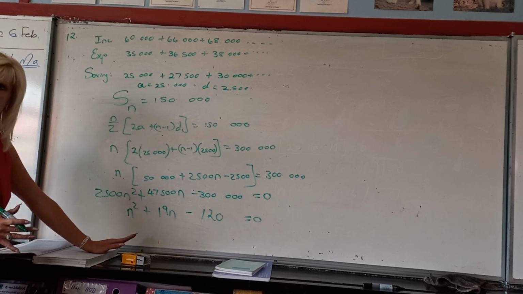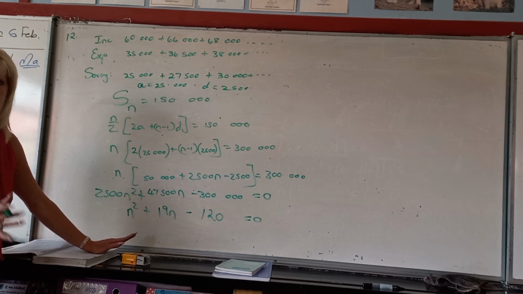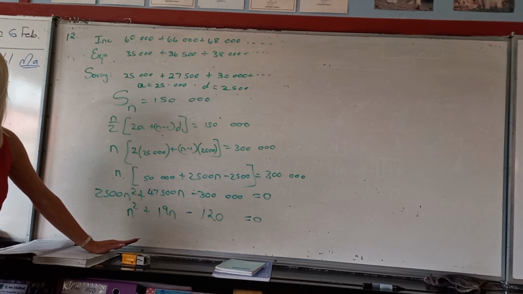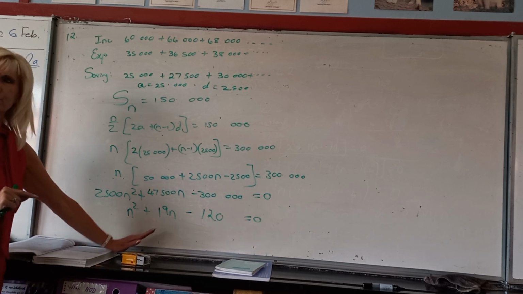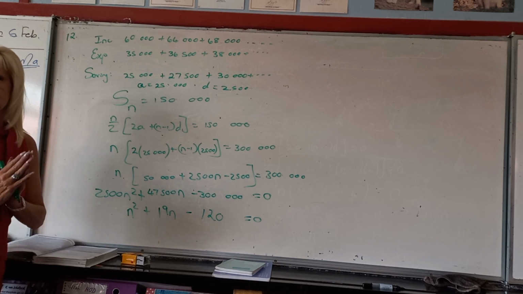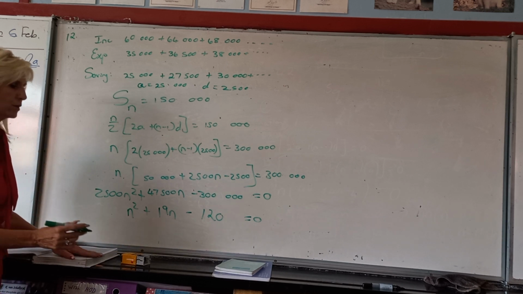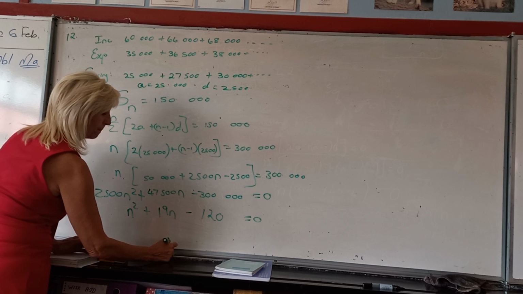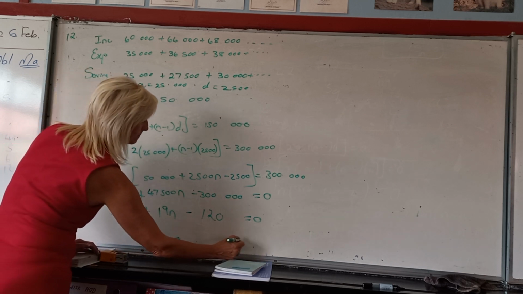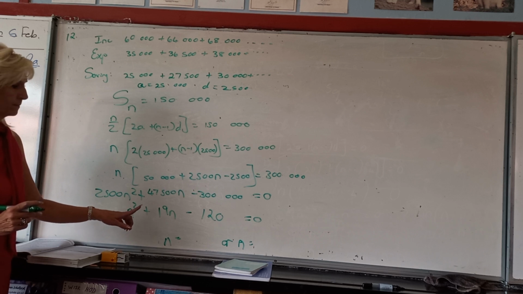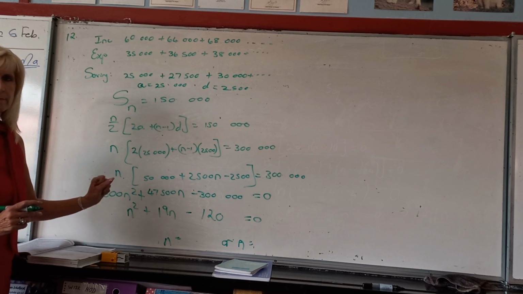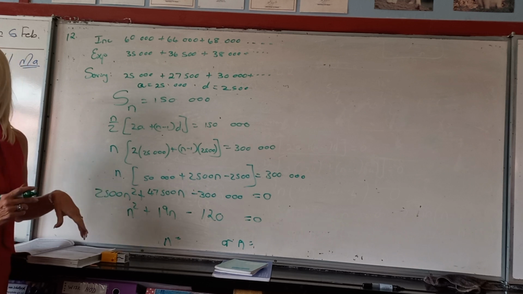How would I do this? Please use either your factorizing skills or your calculator with a formula, or please start with the new formula. What are the answers, please? Quick. n is 5.